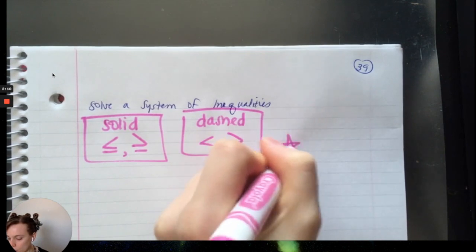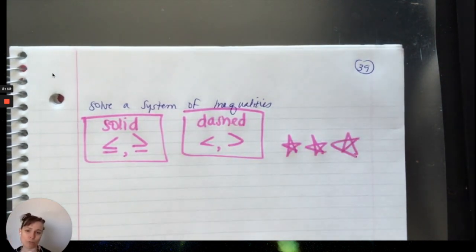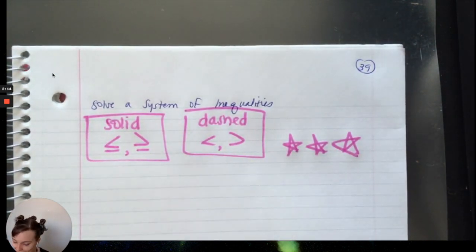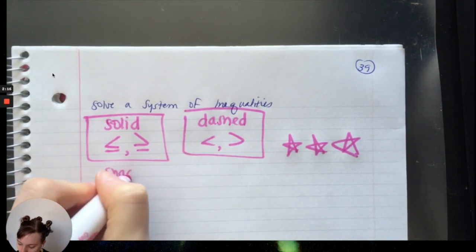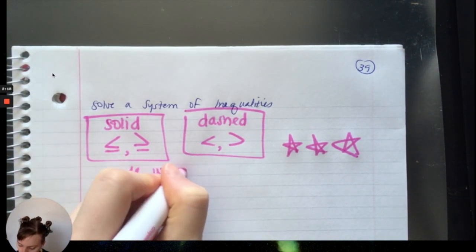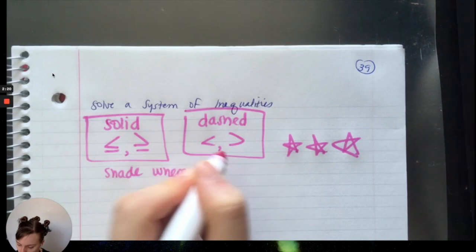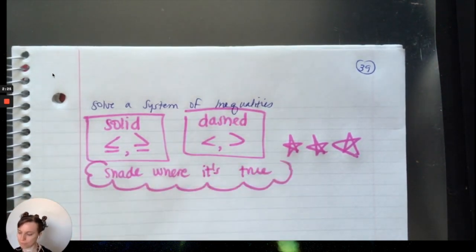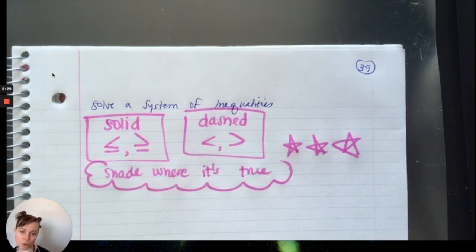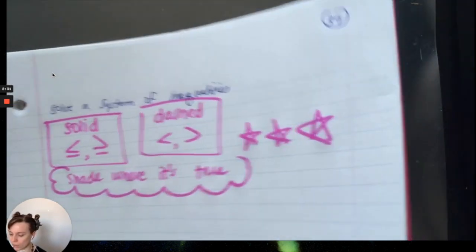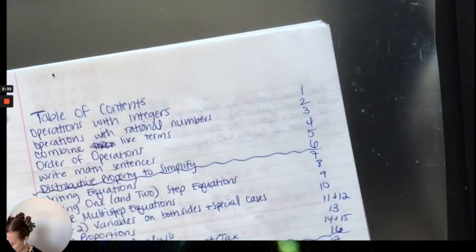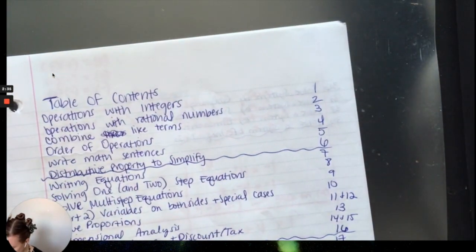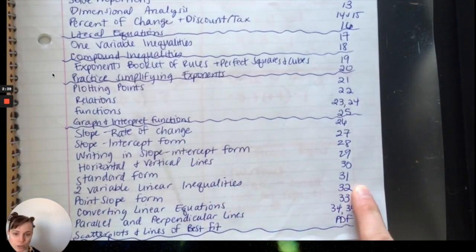And I'm going to put some stars up here because I want to make sure you remember this part of information and that we shade where it's true. Okay, so these are the 3 highlights of graphing inequalities, but if you want to give yourself a better refresher, go back to, there it is, 2 variable linear inequalities, page 31.